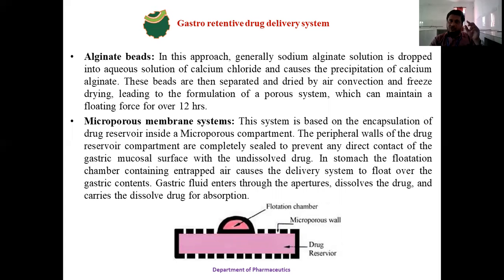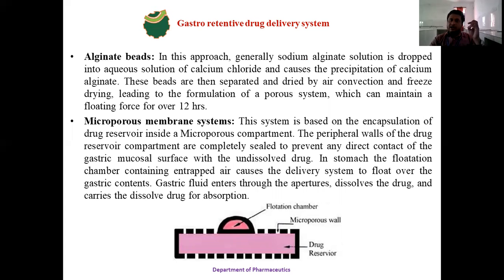Sodium alginate solution we pour into the calcium chloride. Now there is a formation of calcium alginate in the form of beads. We can dry them, leading to a porous system. Once it dries, a porous system will form, which will maintain a floating system.